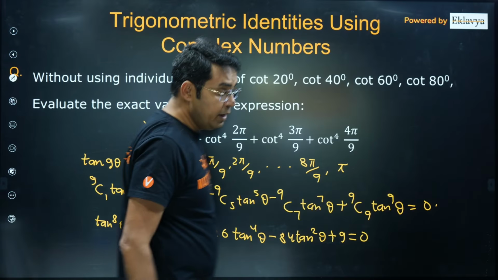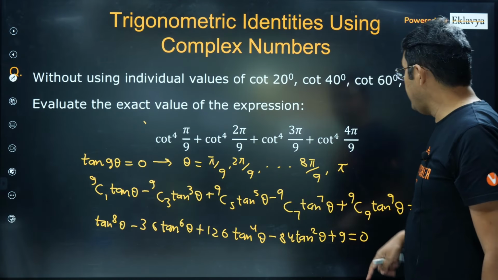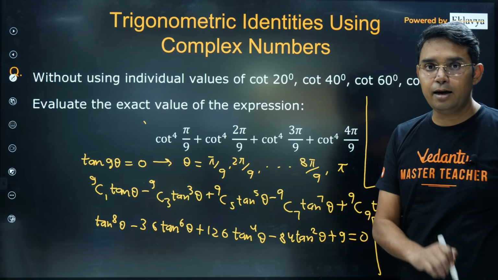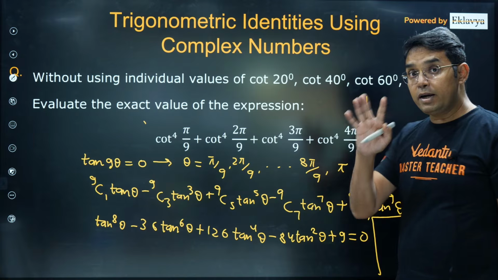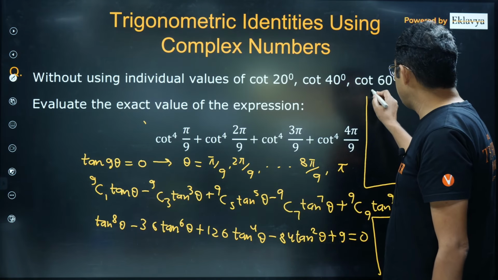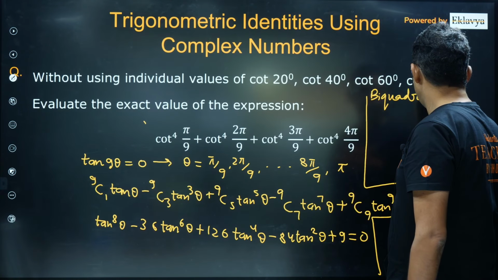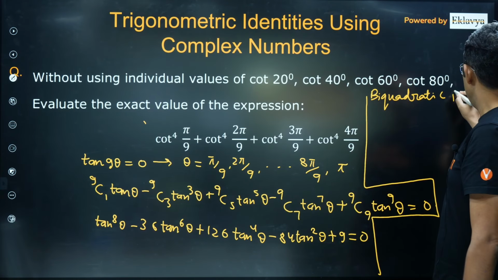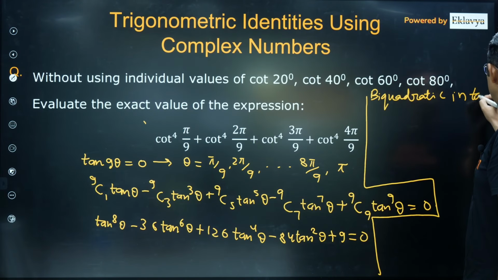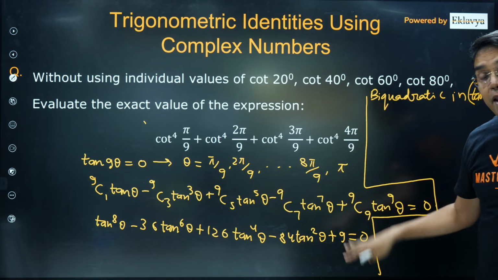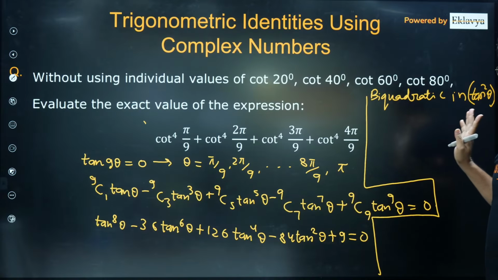Now dear all, this is an 8-degree polynomial if you look at this from the angle of tan theta, but it can be a biquadratic also, a 4-degree one. It can be biquadratic in tan square theta, isn't it? If I take tan square theta as t, this will be a biquadratic in tan square.